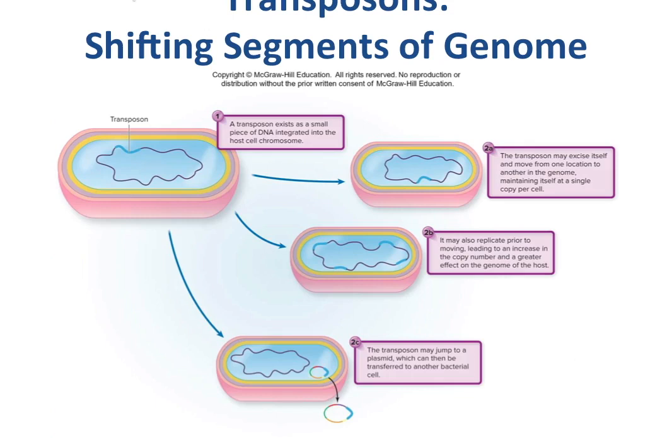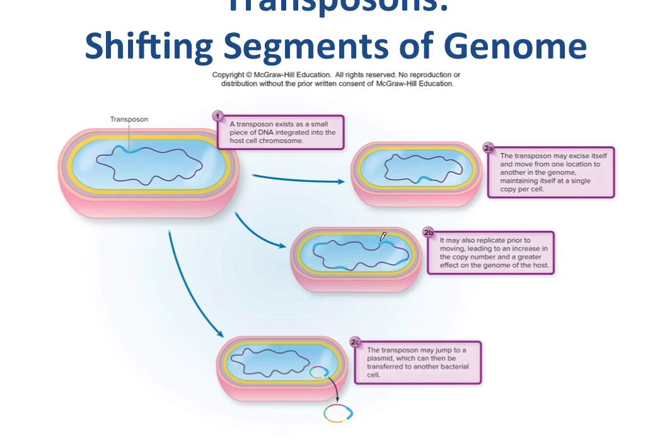For example, as what we can see in this diagram, the transposon can change its location on the chromosome, okay. They can also be replicated into several pieces.